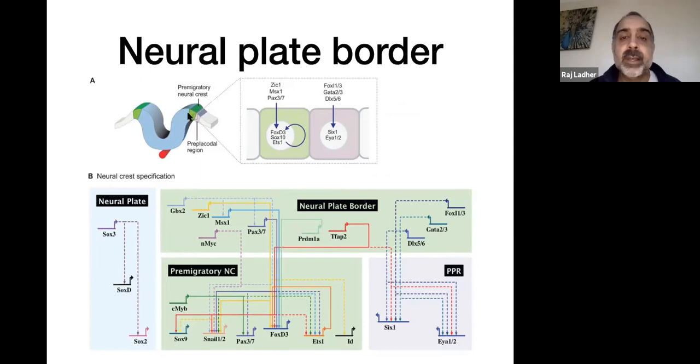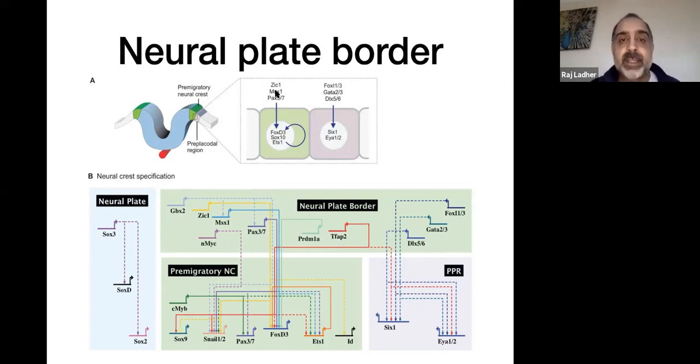It's been thought that this border between the surface ectoderm and the neural ectoderm is important for the specification of the neural crest, and indeed, that's been shown to some extent. So there are signals coming from the surface ectoderm that are interacting with signals within the neural ectoderm that set up the pre-migratory neural crest, so the early neural crest.